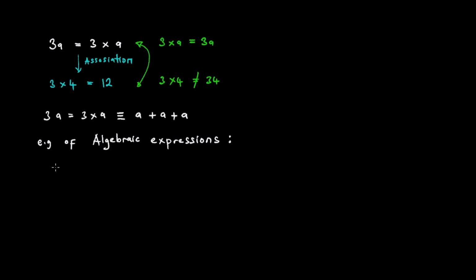So the examples of algebraic expressions: example 1, 3a. Example 2, x plus 1. Example 3, tiri 7 minus r. Example 4, 7y.